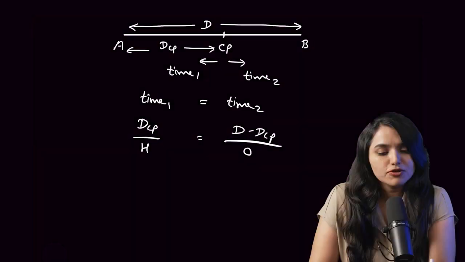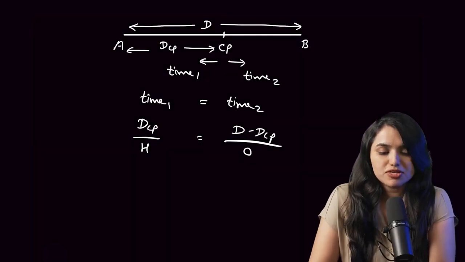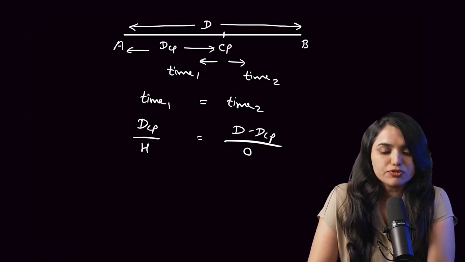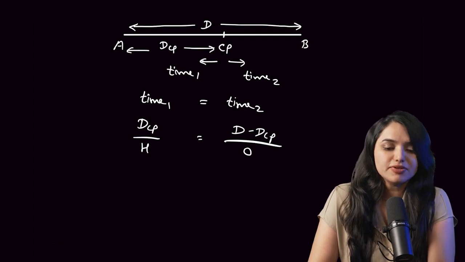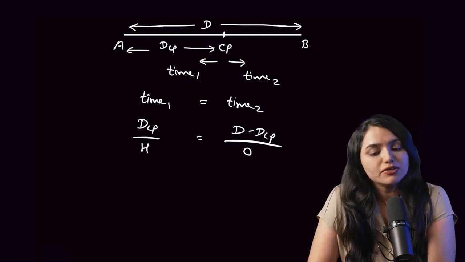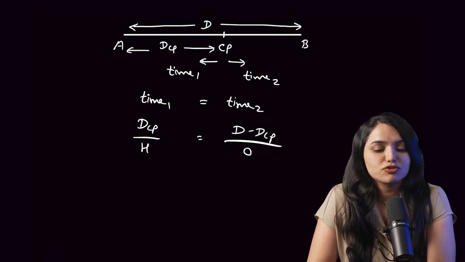If you want to know the distance to CP, there is a formula which needs to be used to calculate the distance to CP from the place of departure. Looking at this image, there is place A, place B, capital D is the distance between A and B, and DCP is the distance between A and CP. Now the time to go from CP to A is equal to the time to go from CP to B. That is by definition of CP.